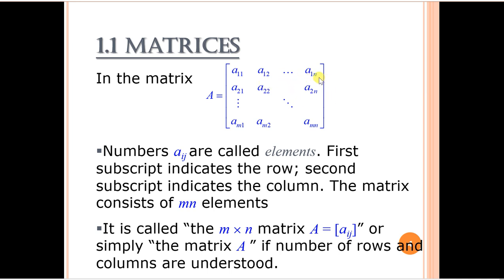Like A2n means this is lying in the second row and nth column. A22 means it is lying in the second row and second column. In short, we can write a matrix of order m by n as A equal to [Aij], and we can put here m cross n, which shows the order of the matrix.